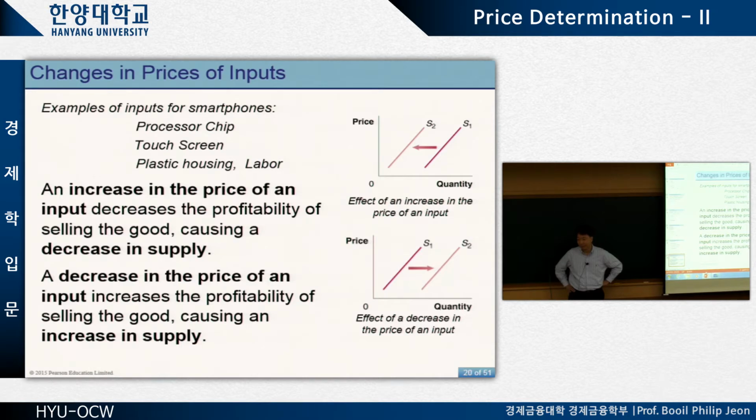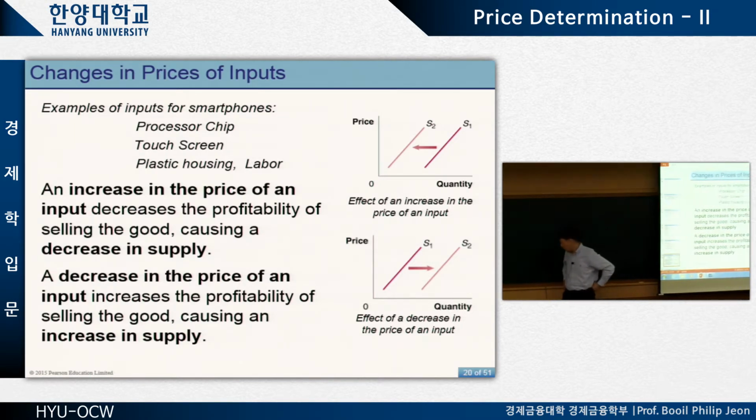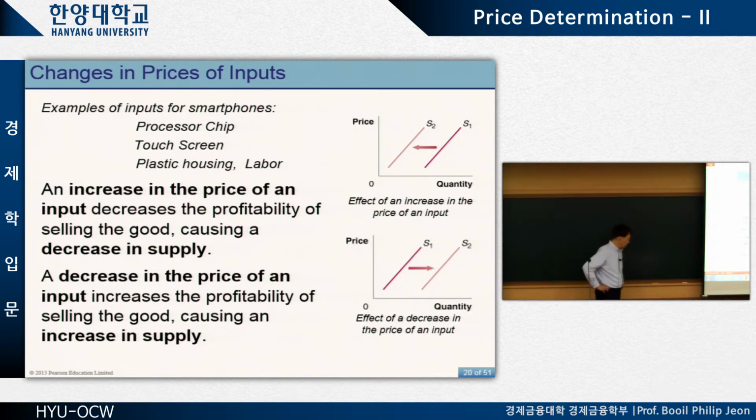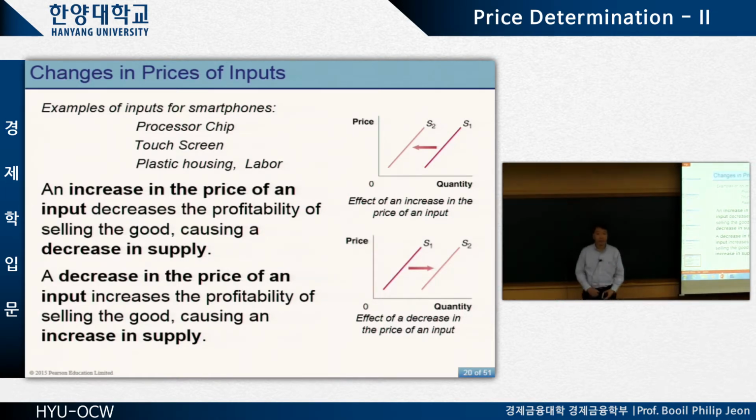Decrease. Why? Because it costs more, right? Okay, good, good. Why not the quantity supplied? You're saying the supply itself will decrease, right?